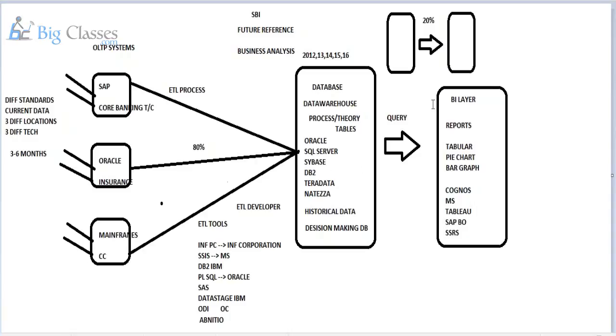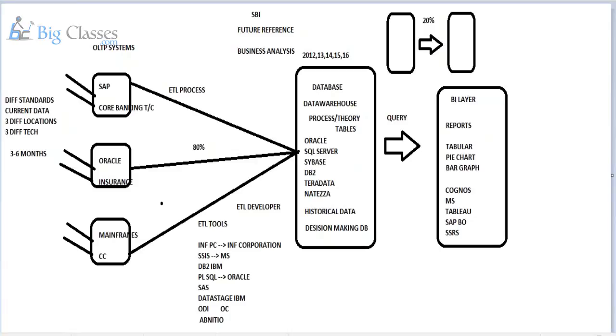Not only business reports, you can also forecast your business. For example, by using the data warehouse you can understand that this year you got 20% profit, so next year you may get some 15% profit. This kind of business forecasting you can also perform using the data warehouse.